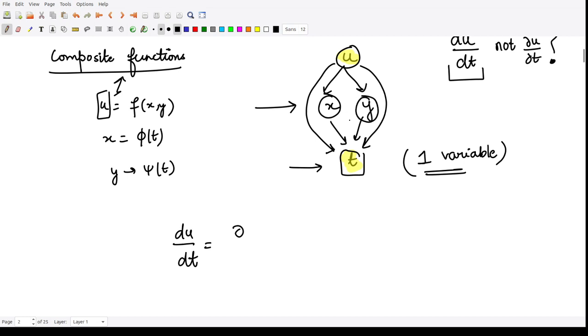So according to these two variables, we will take the partial derivative of u with respect to x, and then the complete derivative of x with respect to t. Why complete derivative? Because here at this particular level, the variable is only t. So this is one way to reach from u to the point t.